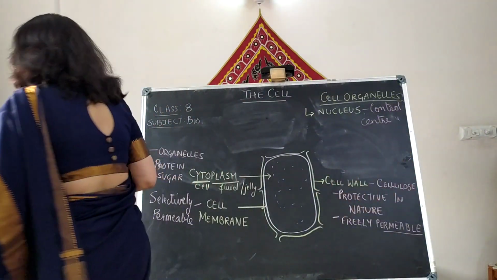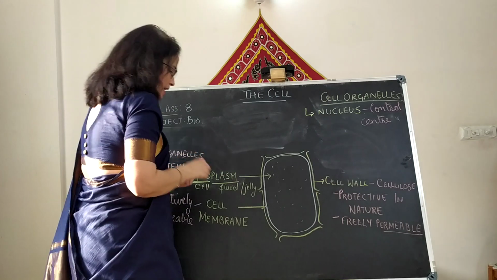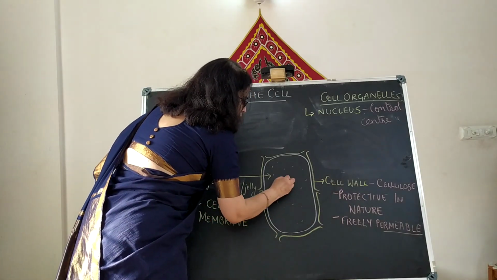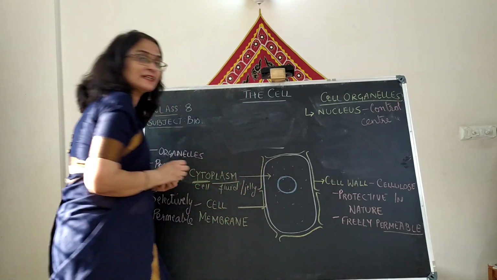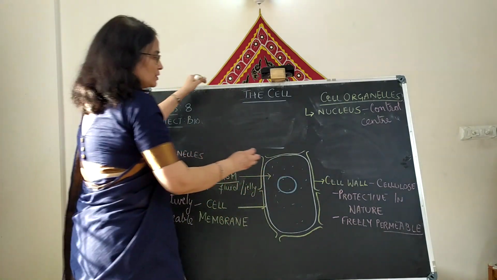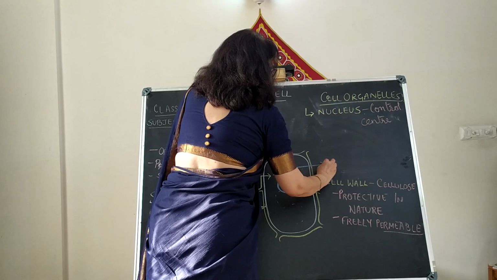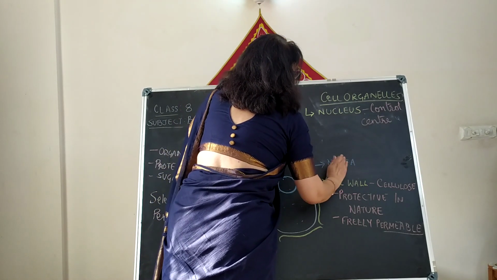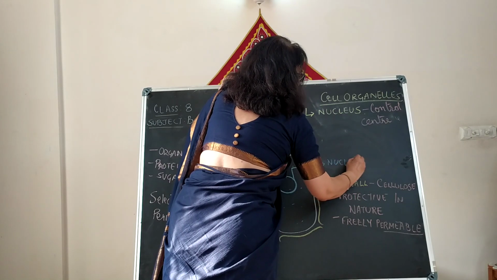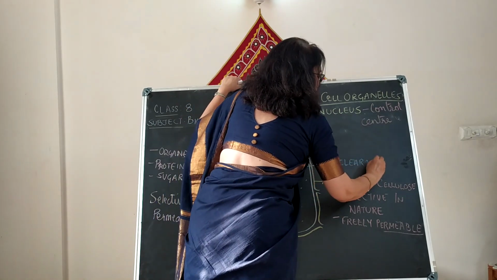The interesting part here is that if I draw a nucleus over here, it also has a kind of a membrane. What is this membrane known as? It is known as the nuclear membrane.